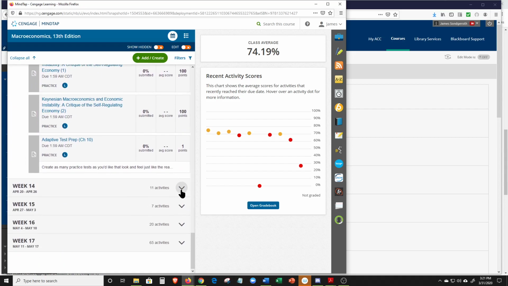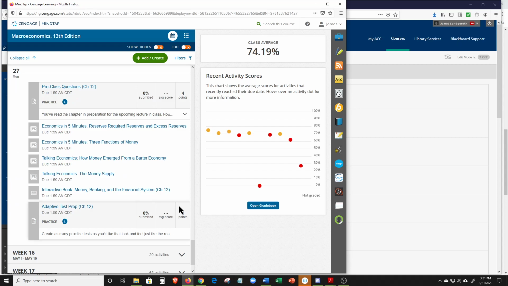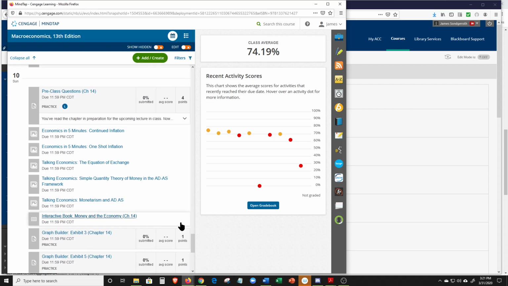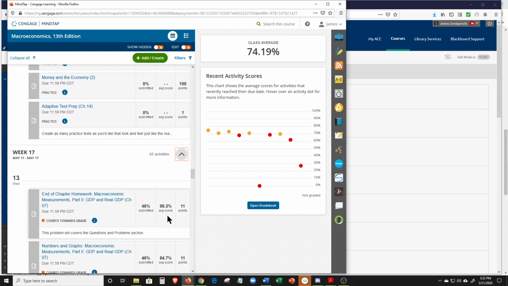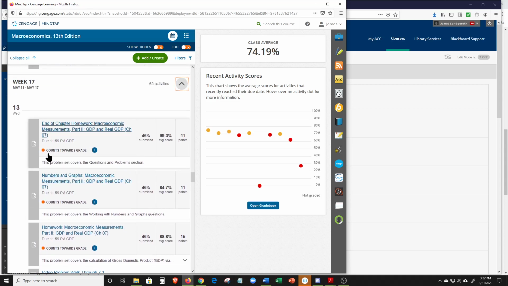Nope. Interesting. Okay. So it should be in the last week, the 17th week, that they'll be all due. 65 activities. Wow. Yeah, you can see now all the ones with the red dots are there.